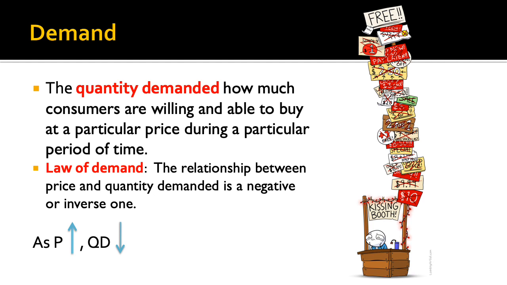Remember, initially when the price of pizza was $2, we were only willing to buy one slice of pizza. So to induce us to buy more slices of pizza, what the seller can do is drop the price. And when the price fell to $1, we were able to buy 3 slices of pizza. Now, would it make any sense for the seller to sell you a pizza for $0? Probably not, unless it was some kind of promotion, which we'll discuss later.